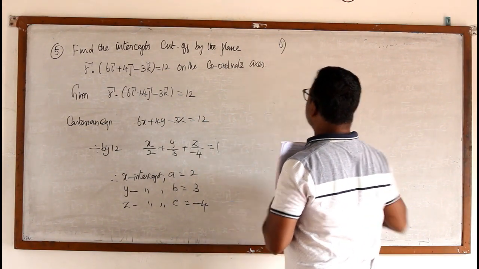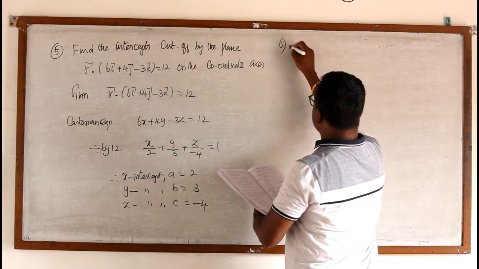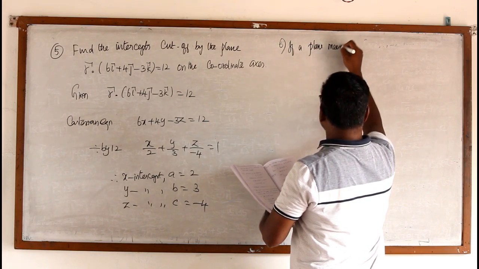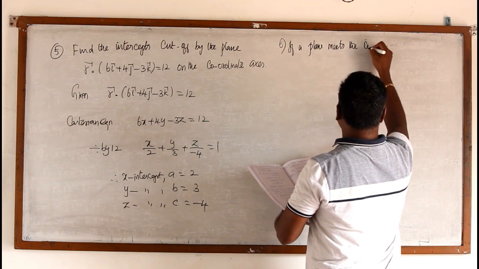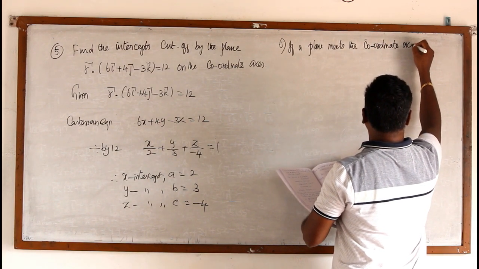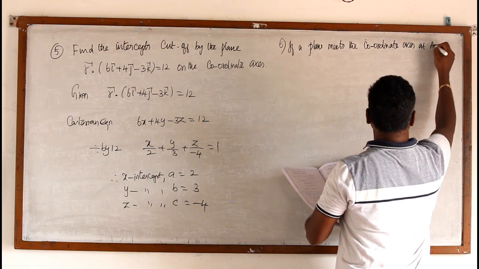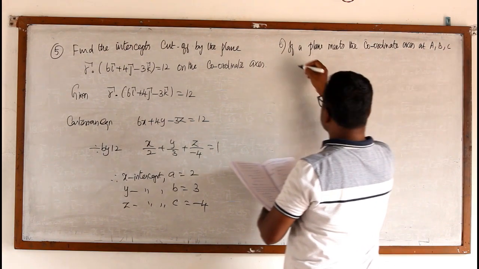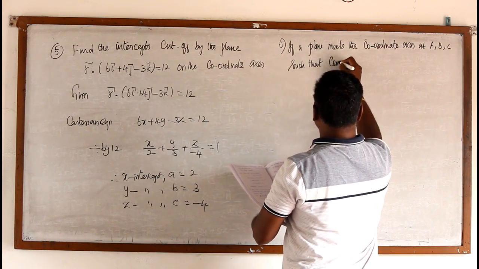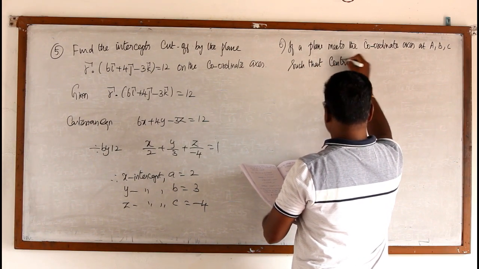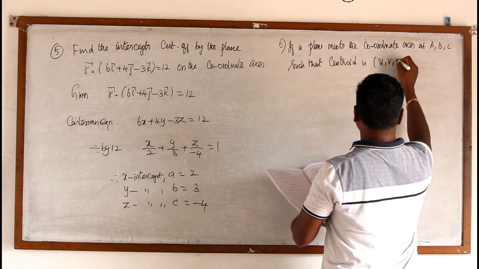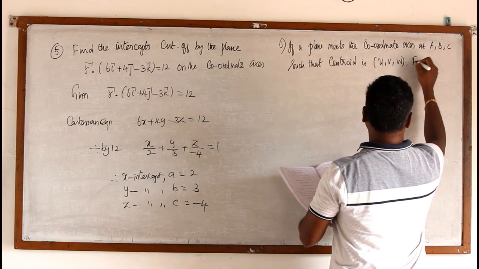Similarly, sixth problem. If a plane meets the coordinate axes at A, B, C such that the centroid is U, V, W, find the equation of the plane.